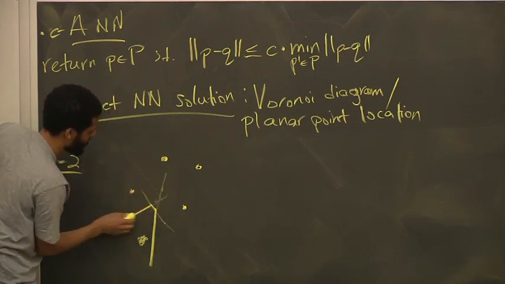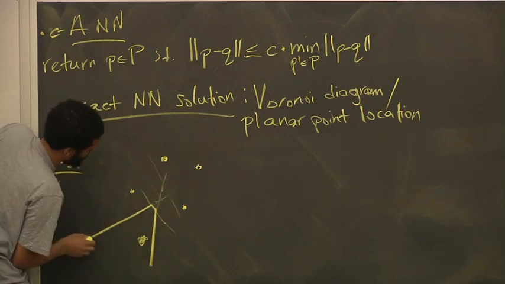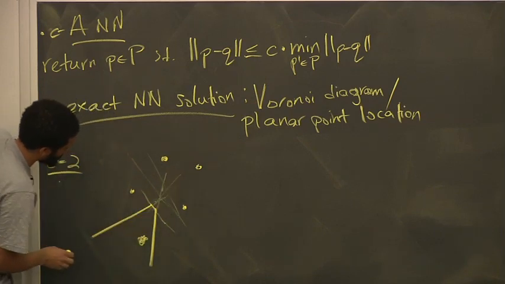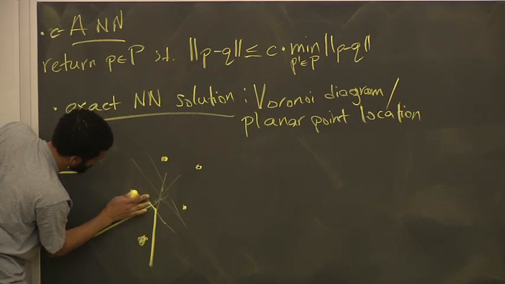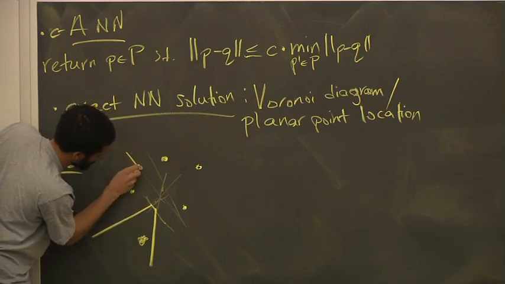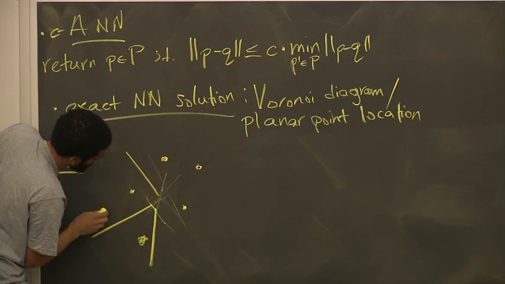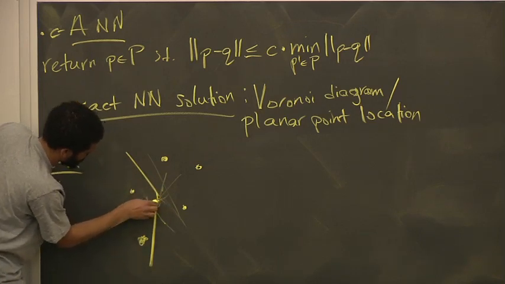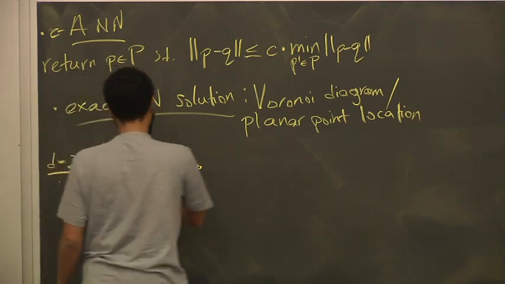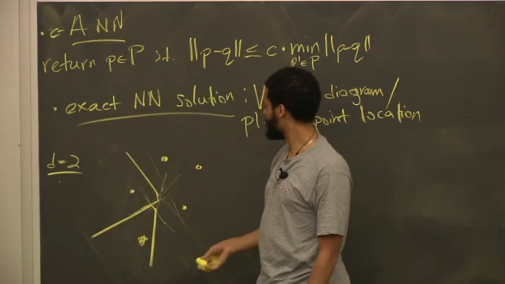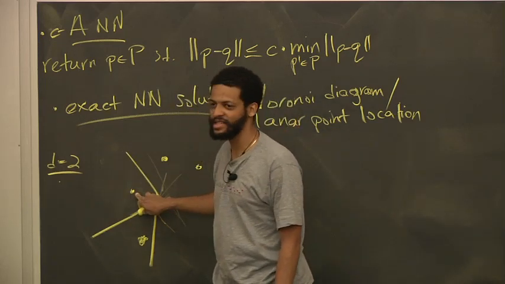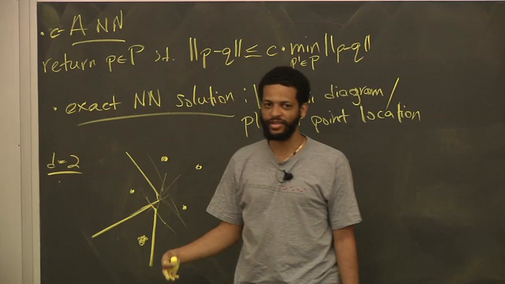And then there's also this one, and everyone who's here has this guy as their nearest neighbor. You can keep filling this in, and you get a division of the plane into regions such that anyone in this region has this guy as nearest neighbor, and so on.